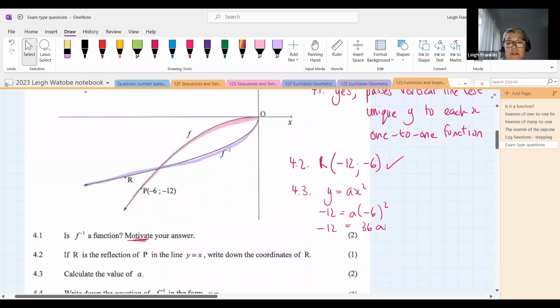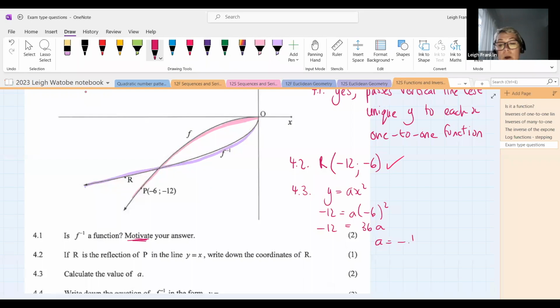We divide by 36 on both sides, and that's why a would be equal to -1/3. Good, well done, everybody. Very nice. Here we would get a mark for subbing in and a mark for our answer as well. All right, so that's question 4.3.